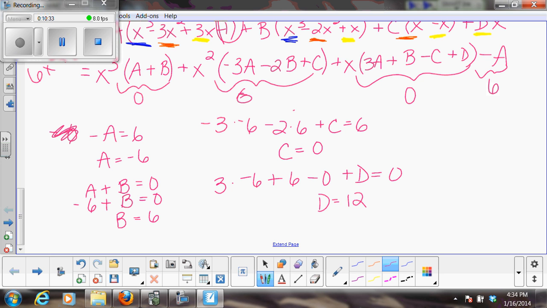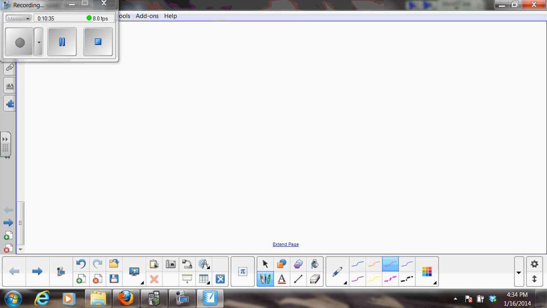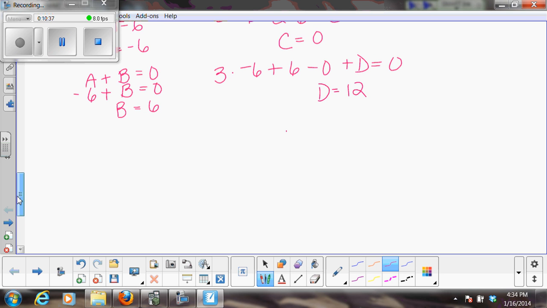So our actual fraction comes out to be negative 6 over x plus 6 over x minus 1. Oh, c is 0, so there's no 0 term, so plus 12 over x minus 1 cubed. This will be a long one. Well, maybe not.